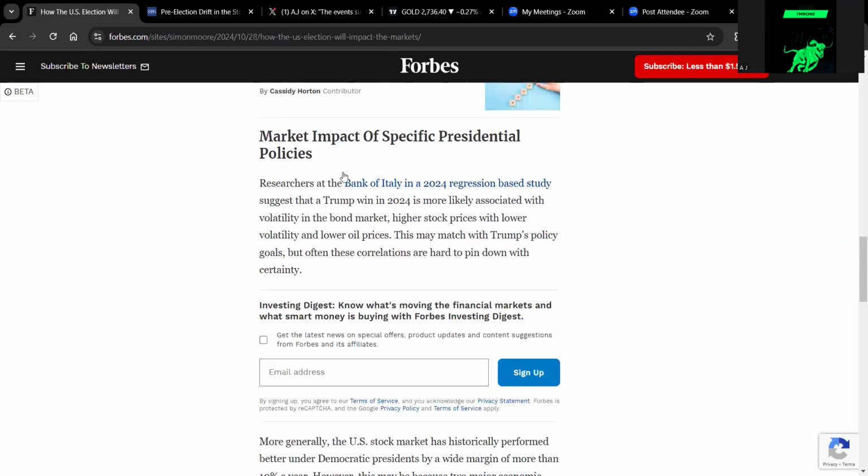And then the next thing you need to understand is the history of these elections. How have they always been? So when it is a Republican president in office and when it is a Democratic president in office, what usually happens? If you look at the most recovery in market, it has actually been during Democratic regimes.